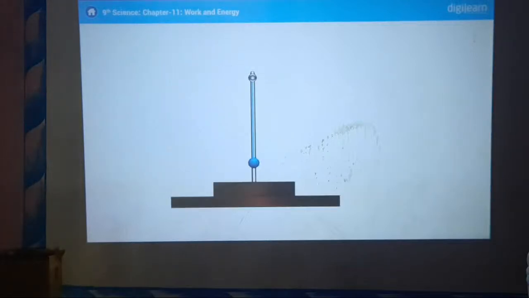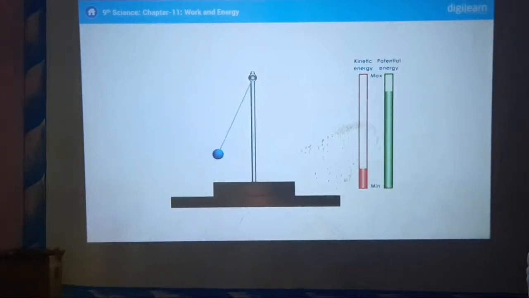Simple pendulum. Consider a simple pendulum oscillating about its mean position. At the mean position, it has maximum kinetic energy, but no potential energy. When the pendulum crosses the mean position, its potential energy increases and kinetic energy decreases.